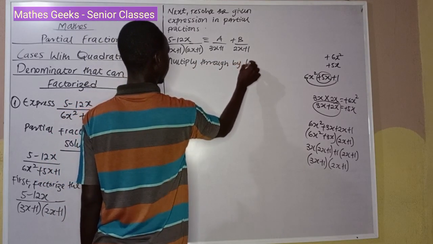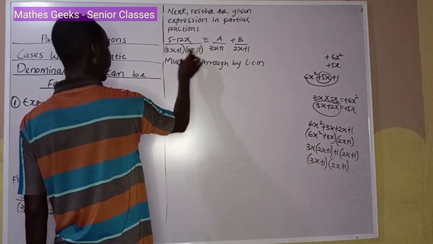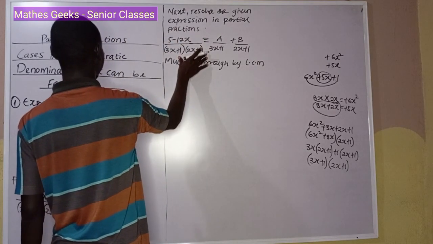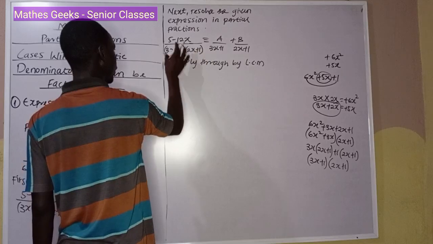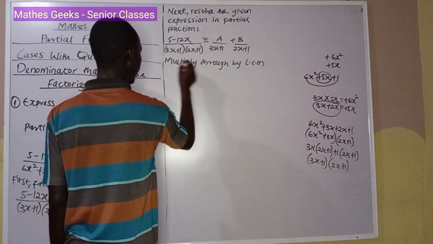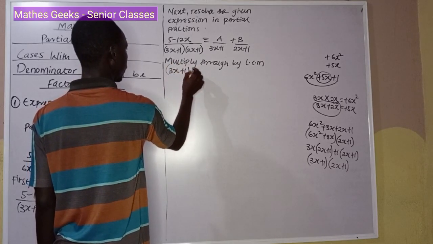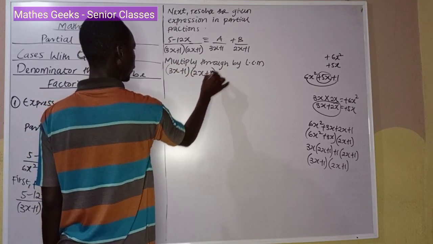So we're going to multiply through by the LCM. The LCM is what we used when this fraction was resolved to get to this form. So we're going to multiply through by the same LCM, which is 3x plus 1 and 2x plus 1.